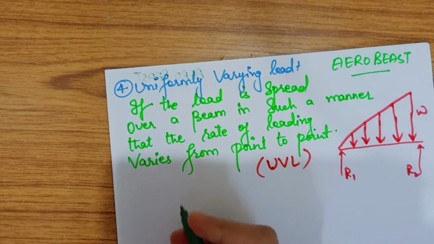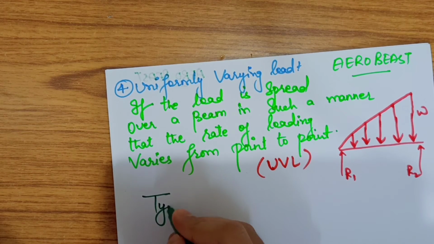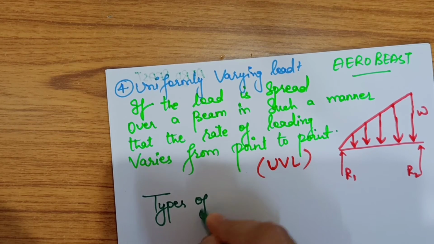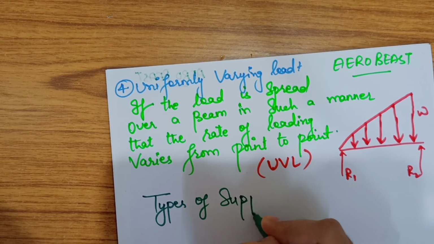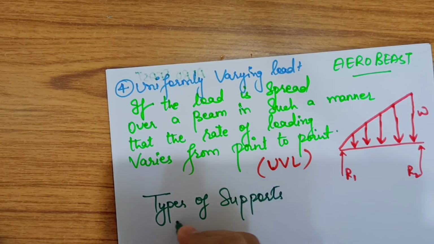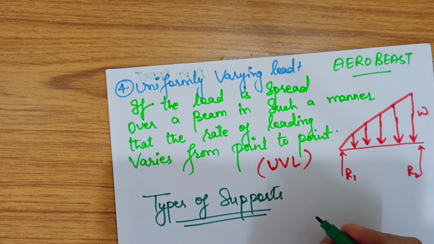Next one is types of supports. Three types of supports are there: hinged support, roller support, and fixed support.